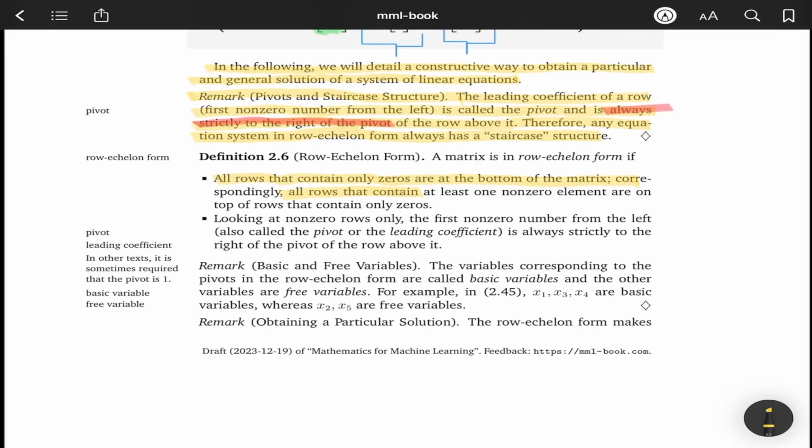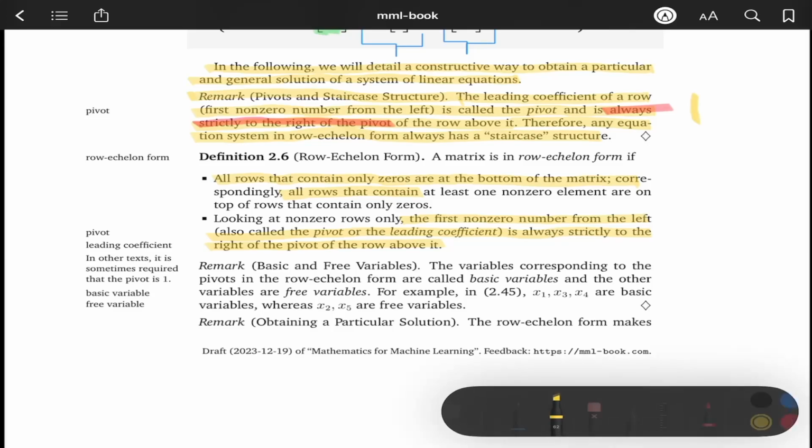Second point, looking at non-zero rows only. The first non-zero number from the left, also called the pivot or the leading coefficient, is always strictly to the right of the pivot of the row above. Yes, this is what we had here in red.